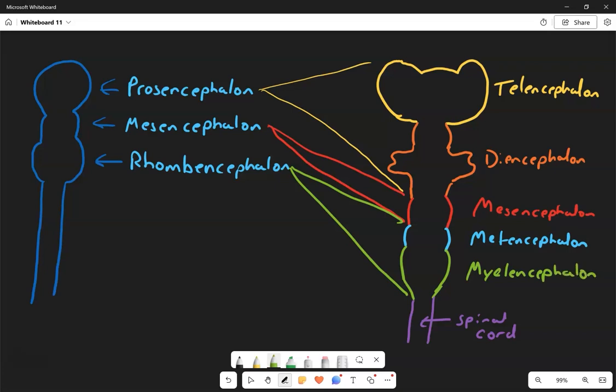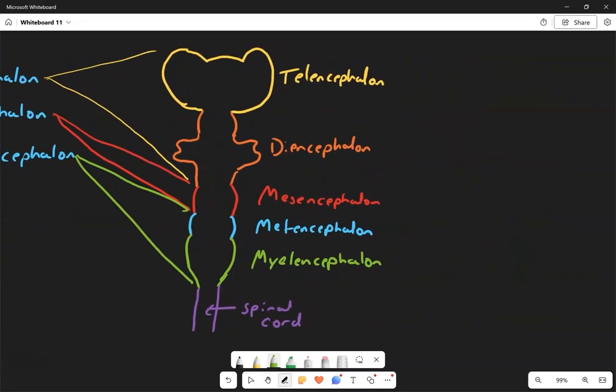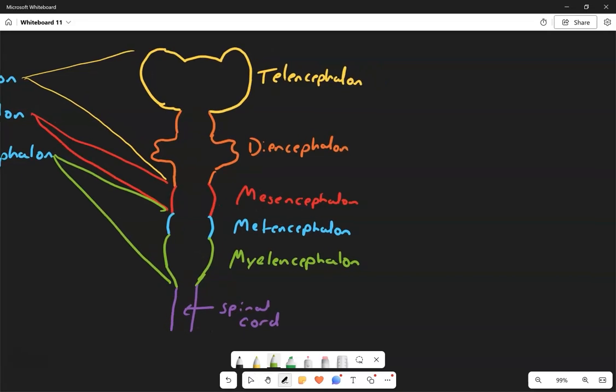And these structures here, these are known as the secondary brain vesicles. So you have your primary brain vesicles, then you have your secondary brain vesicles. And then the secondary brain vesicles are going to further develop into the adult structures, right?